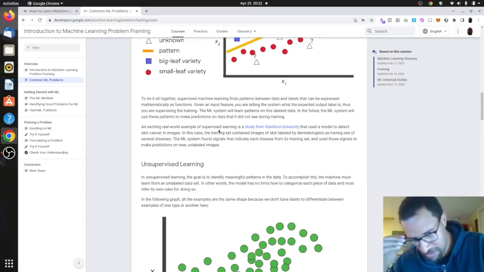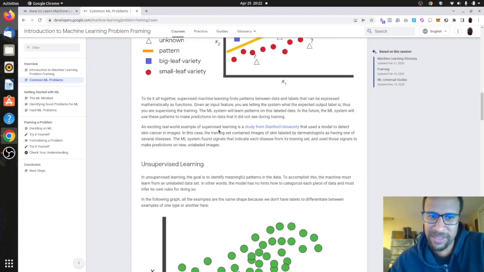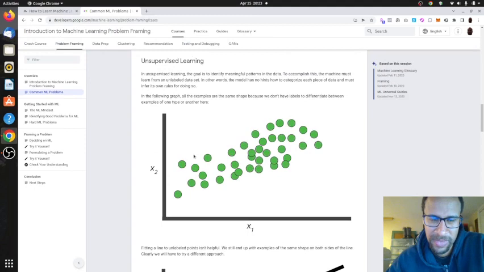And poof, supervised learning for skin cancer. These guys are geniuses. Thank you, Stanford. Isn't that where Andrew Ng is from? The machine learning system found signals that indicate each disease from this training set. Yeah. Now we go into unsupervised learning.